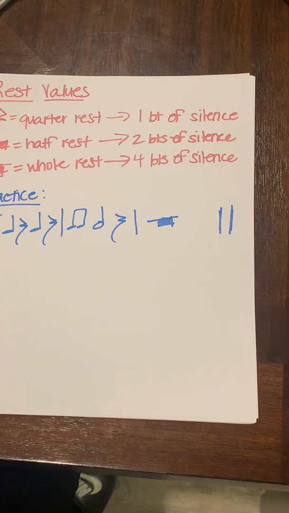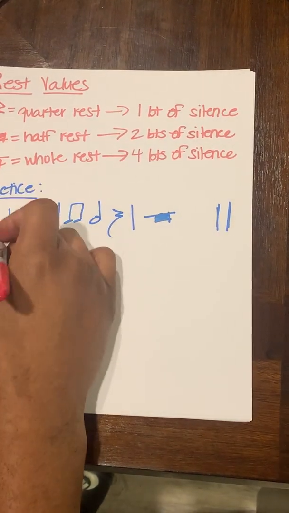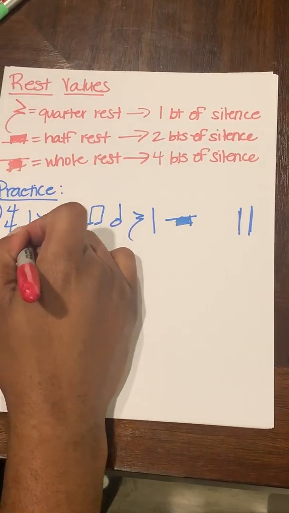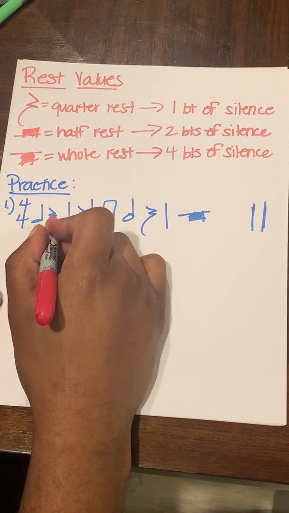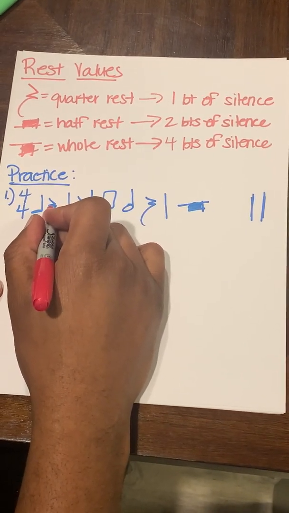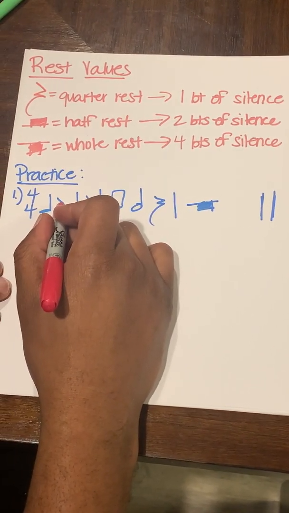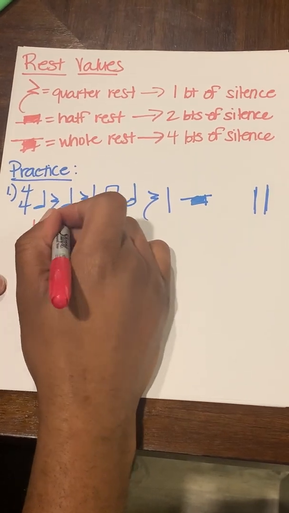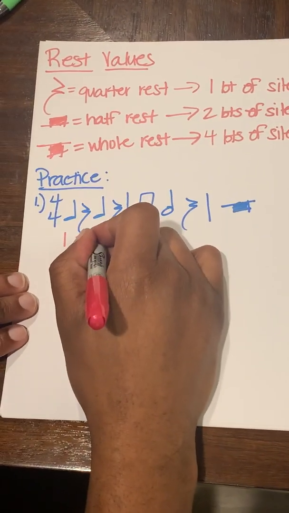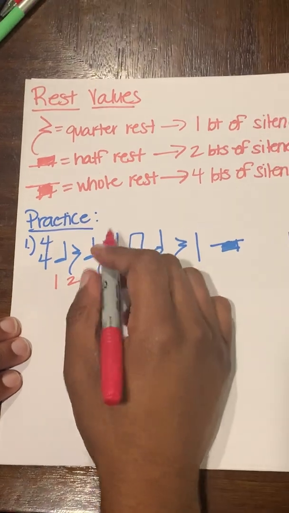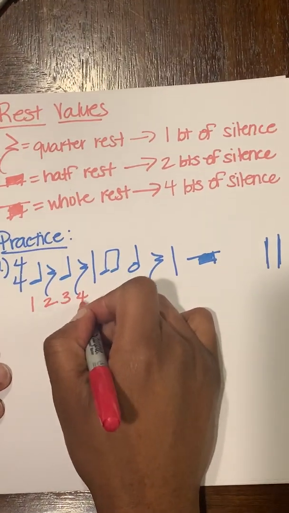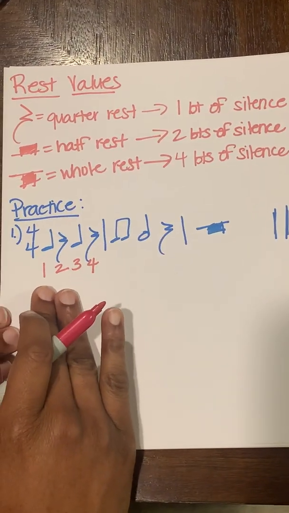We are in 4/4 time. This first quarter note falls on beat 1. The quarter rest receives 1 beat of silence. It falls on beat 2. This quarter note falls on beat 3. This quarter rest falls on beat 4. This measure is now complete.